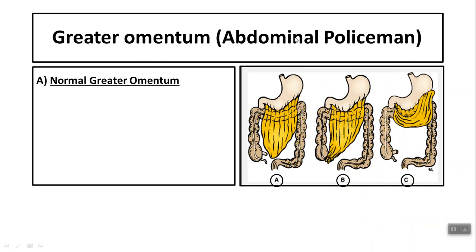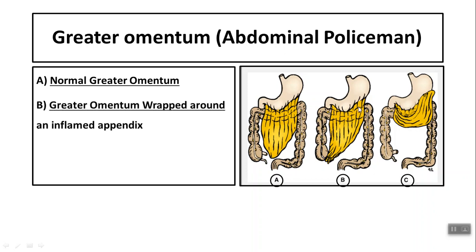This greater omentum is called the abdominal policeman. From this figure, first of all, A is the normal greater omentum. In B, we can see that the greater omentum is wrapped around, meaning covering, an inflamed appendix.